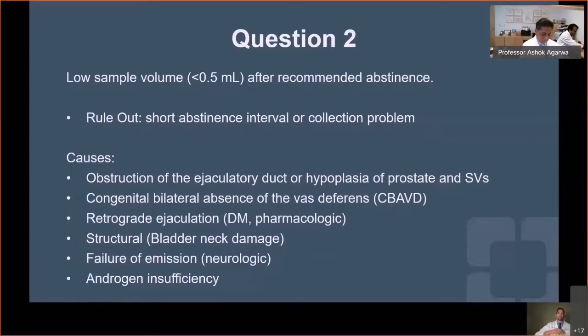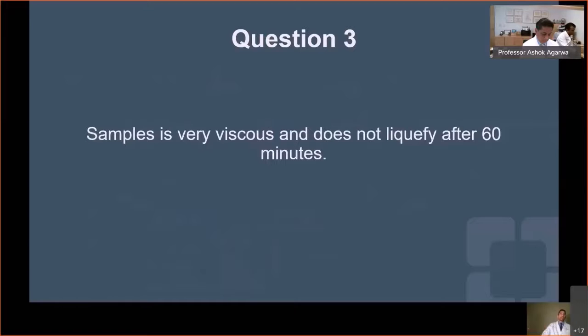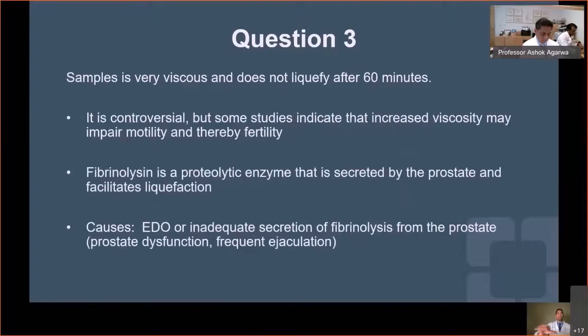Our third clinical question is, what if a sample is very viscous and does not liquefy after 60 minutes? It is controversial, but some studies indicate that increased viscosity may impair motility and thereby fertility.